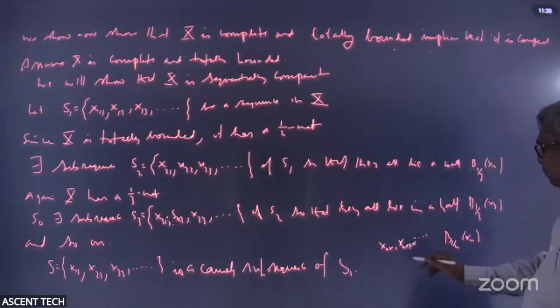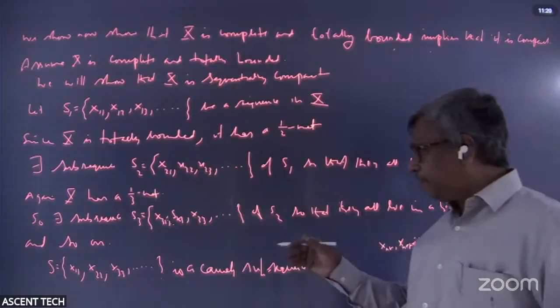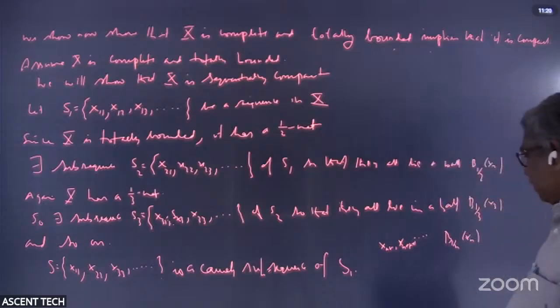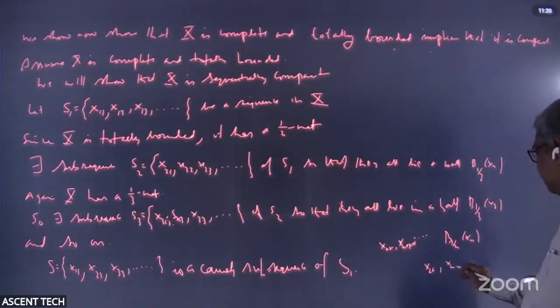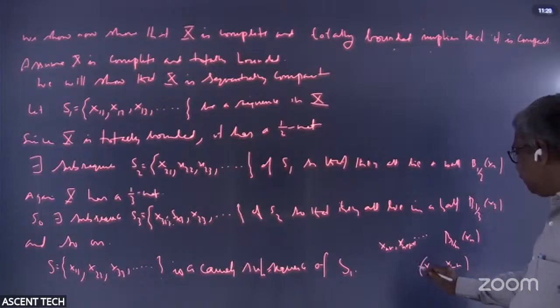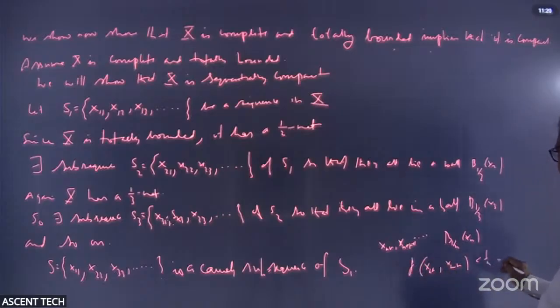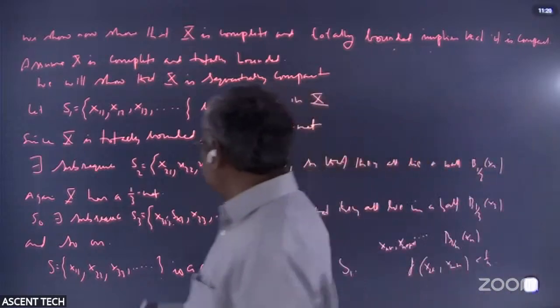That means the distance between any two of them is less than 1 by n. So the distances between pairs of them are becoming smaller and smaller. Okay, so indeed Xnn and some Xmm, the distance between them is less than 1 by n. As n gets bigger and bigger, I can see that these things are coming closer, and that's a Cauchy sequence. It's a Cauchy sequence, a subsequence of S1.